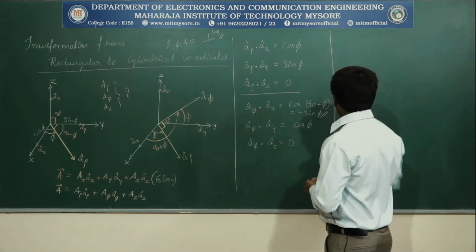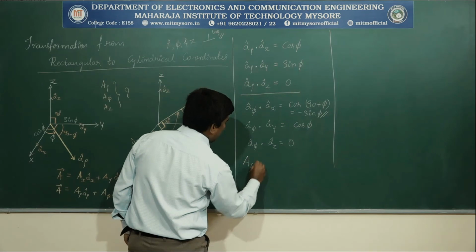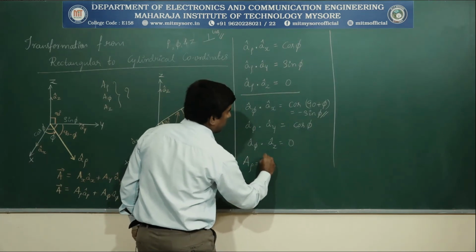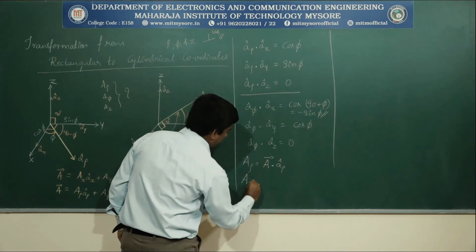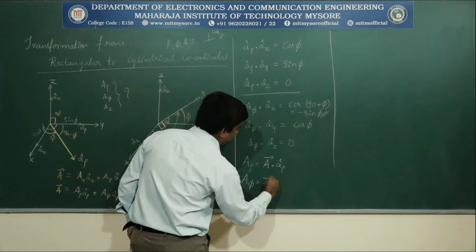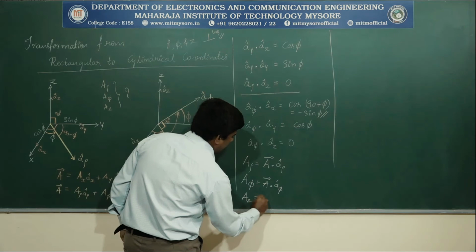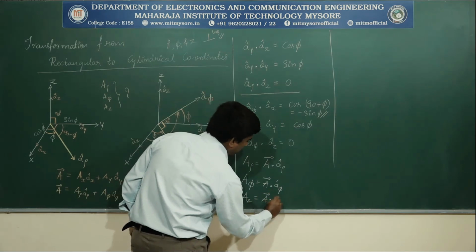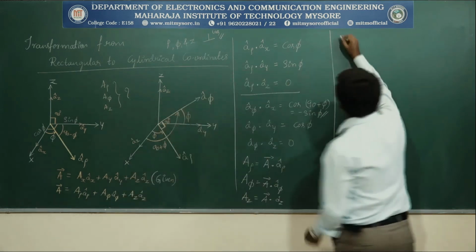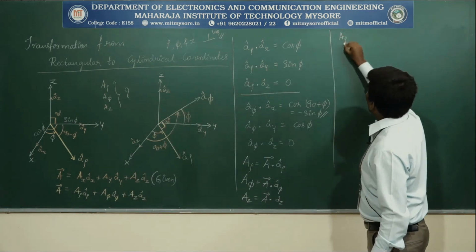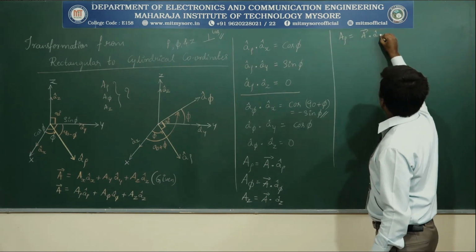Now write the equation here. In order to obtain A rho, we need the dot product between A and A cap rho. To find A phi, we need the dot product between vector A and A cap phi. To calculate Az, we need the dot product between vector A and A cap z. Let us go one by one. The first one, A rho is equal to vector A dot A cap rho.